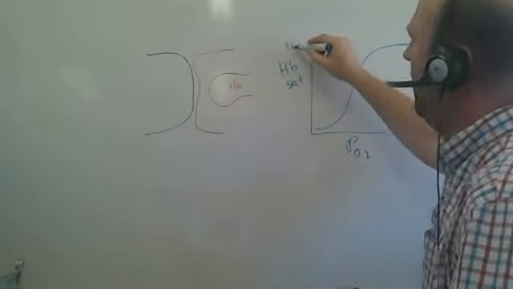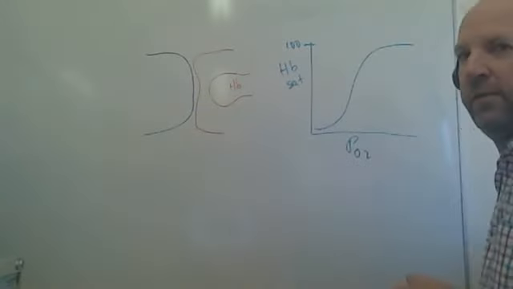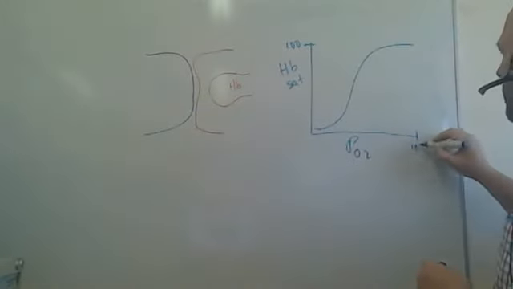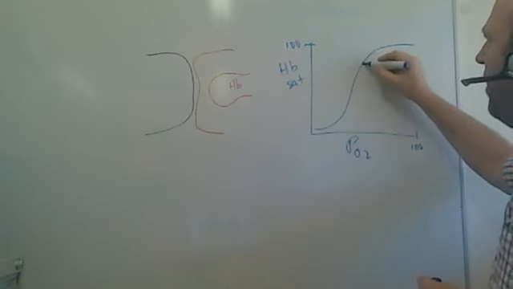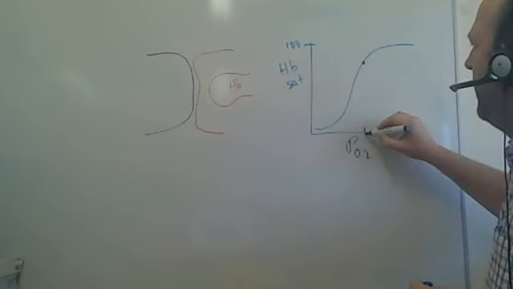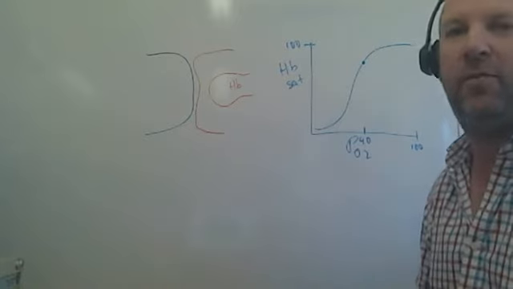So of course here's 100% saturation. Here's a PO2 of 100, and we're currently here at a PO2 of approximately 40 as the blood is entering the pulmonary capillary from the pulmonary artery.